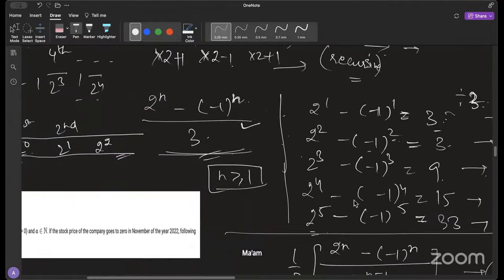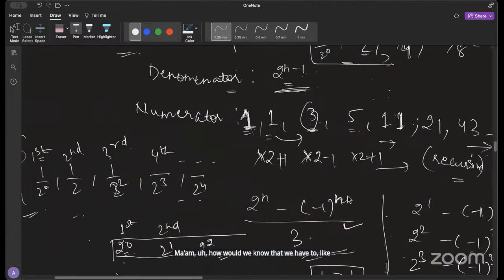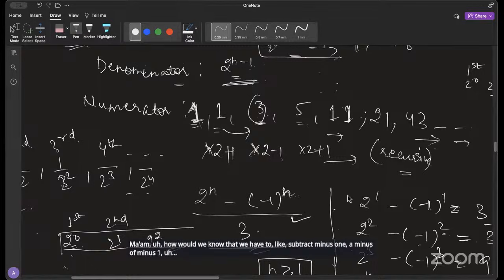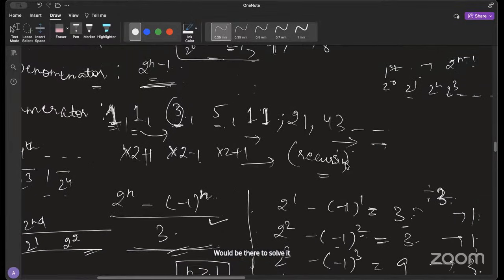Ma'am, how would we know that we have to subtract, like minus of minus 1, minus 1 whole square, minus 1 whole cube in general to get the values? How should we even consider that this option would be there to solve it?